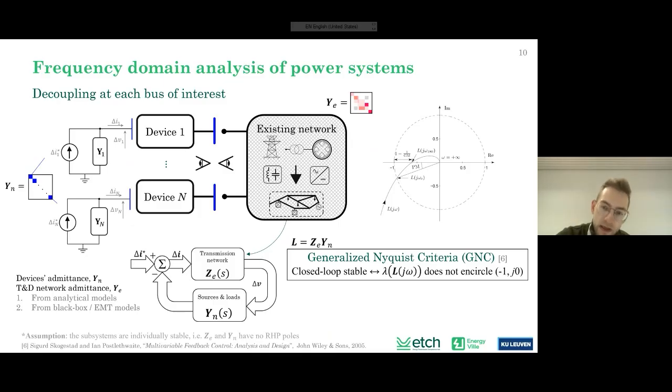In our subsystems. And then we can employ this framework of just looking at the -1 point and check if you have encirclements or not. So what I just said is not 100% correct, because you can also have right half-plane poles in your admittance representation of your MMC. For example, when you do DC control, I think it actually doesn't matter if you do it on the DC or AC side.